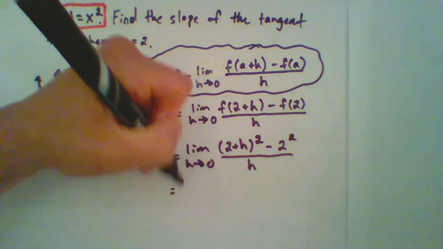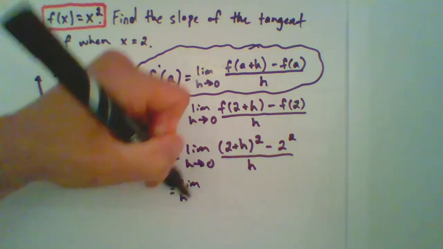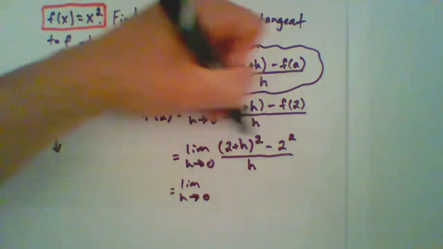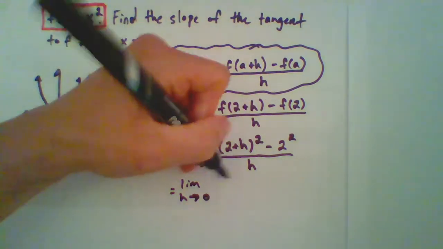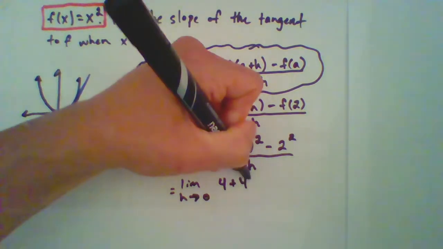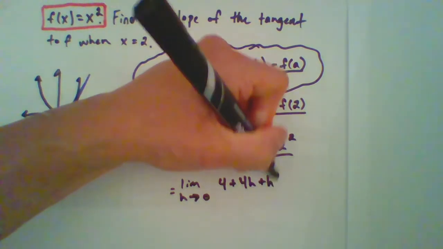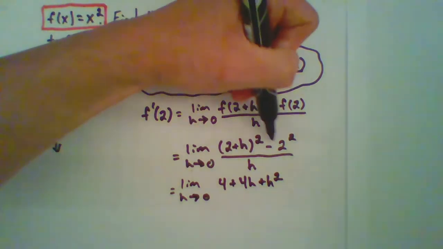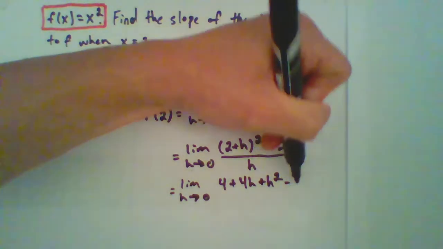So let's see. Well, this is just a binomial squared. So if I rewrite this thing squared, I get 4 plus 4h plus h squared, and then minus 2 squared is the same as minus 4.